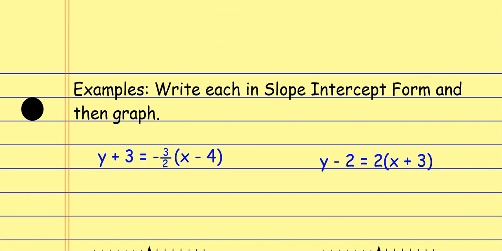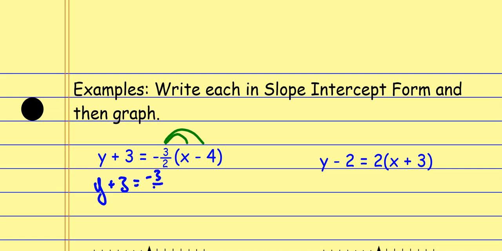If we look at these, we're going to practice rewriting things in slope-intercept form, and so solving for y. So here I have one in point-slope form. Going from point-slope form to slope-intercept form is the easiest version, in my opinion. When we do this, it's just our distributive property. Ready? I'm just going to distribute that value.